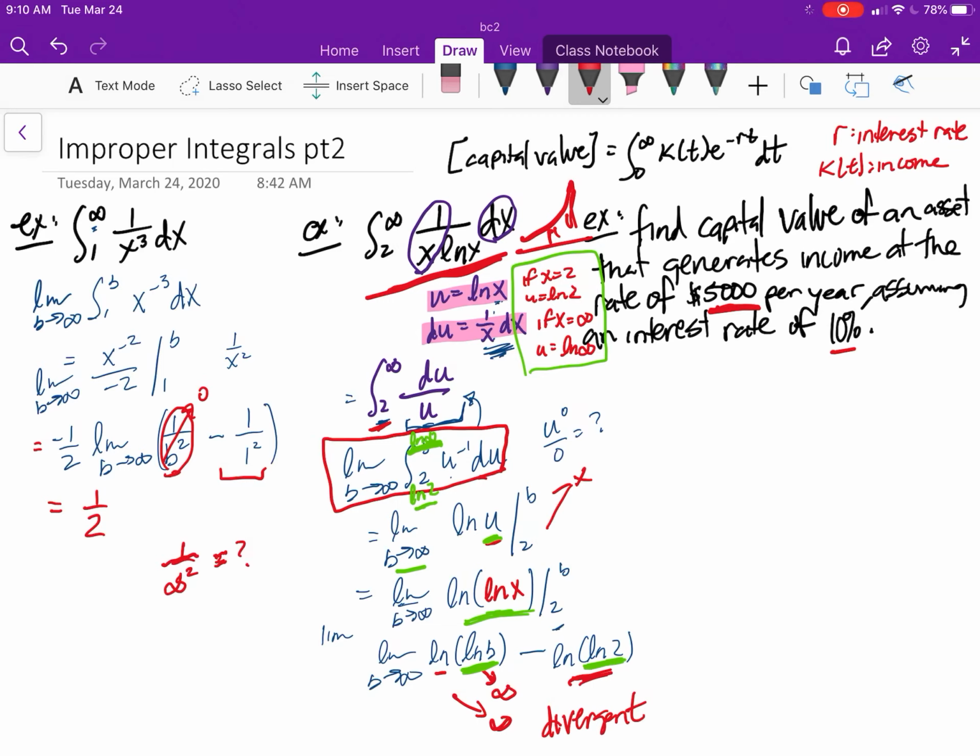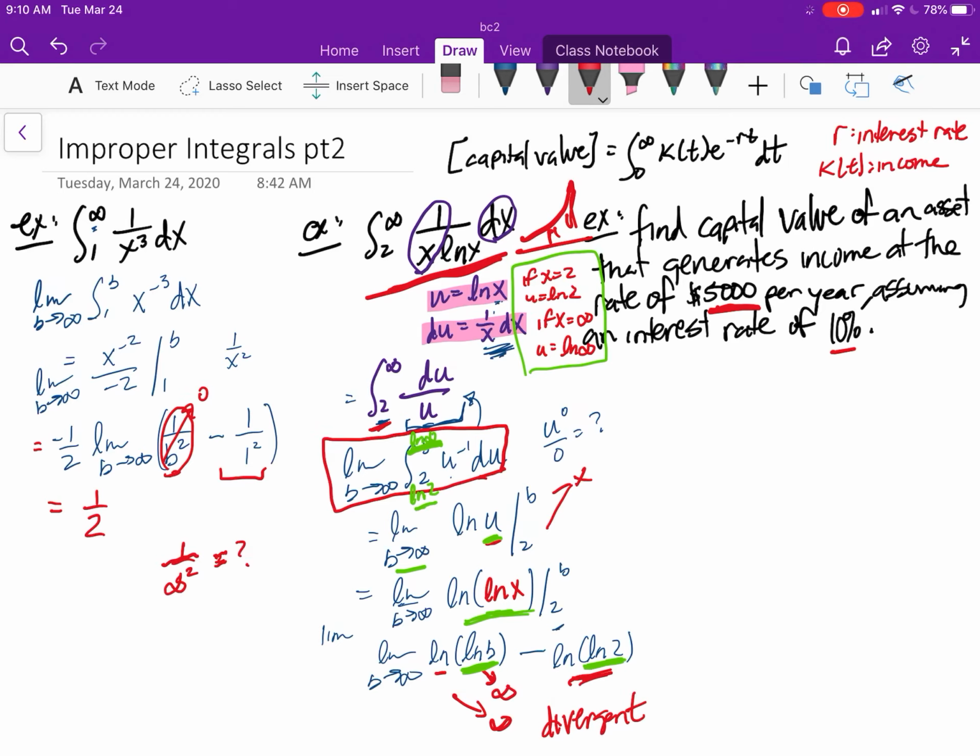Really quick, what the heck is capital value? The book gives a definition. The capital value of an asset, such as a machine, is sometimes defined as the present value of all future net earnings. So what is this thing going to net you over a lifetime? Some assets may last indefinitely, others maybe not.